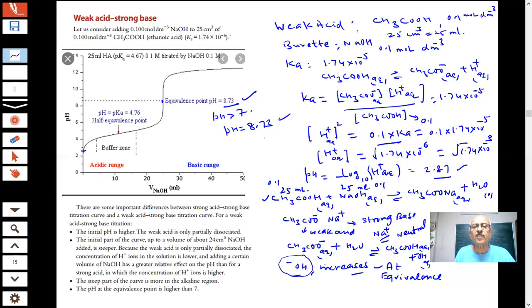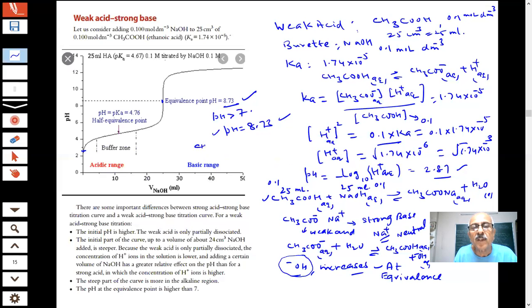Okay, one more interesting thing. You can see what is happening further, students. See the situation. You have a weak acid, and as you add the strong base, what are you forming?